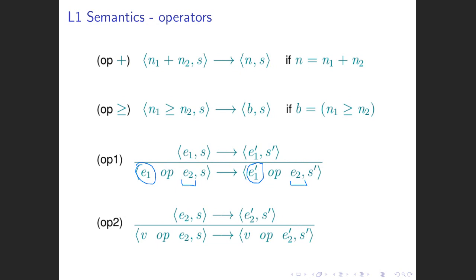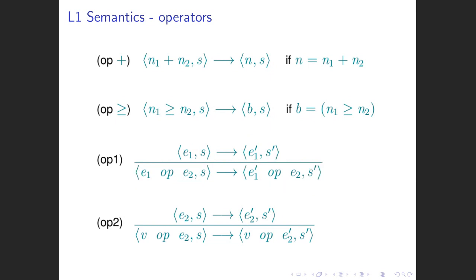It's done some computation. So you're allowed to go from being in this configuration to this configuration if E1 by itself will evaluate to E1 prime. And the state may change as well as you're doing that evaluation.